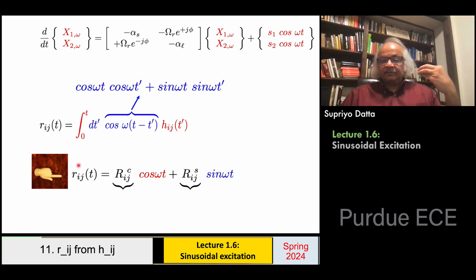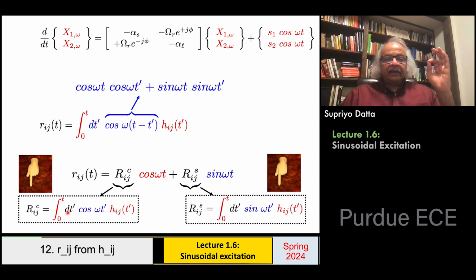So in other words, if the source was cosine omega t, the response will have a cosine component and a sine component. The amplitude of the cosine component can be obtained from this integral, which is cosine omega t prime times the impulse response. And for the sine component, you'll have sine omega t prime times the impulse response, integrated.